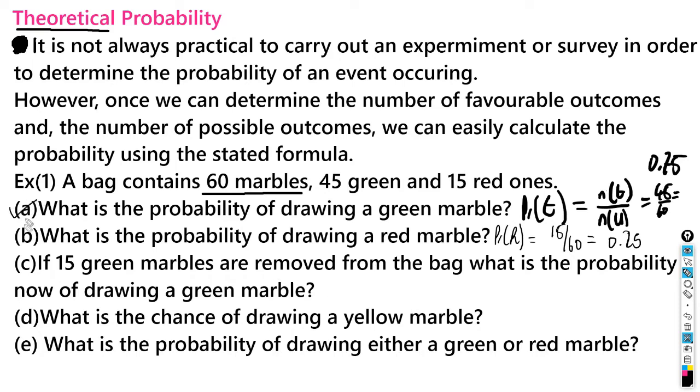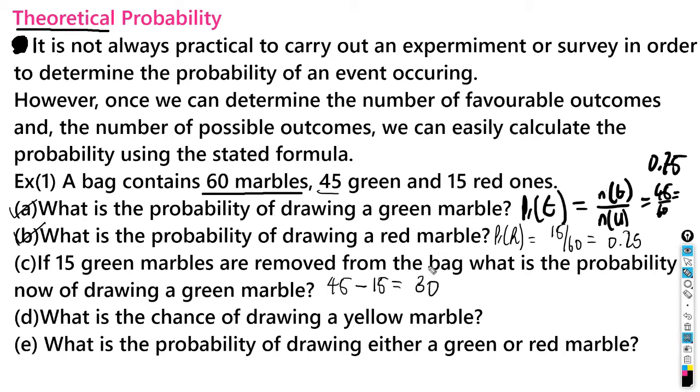And it says here, if 15 green marbles are removed from the bag, what is the probability now of drawing a green marble? So we had 45 green marbles in the bag, and we're going to subtract 15 from this, so we end up with 30 green marbles left.